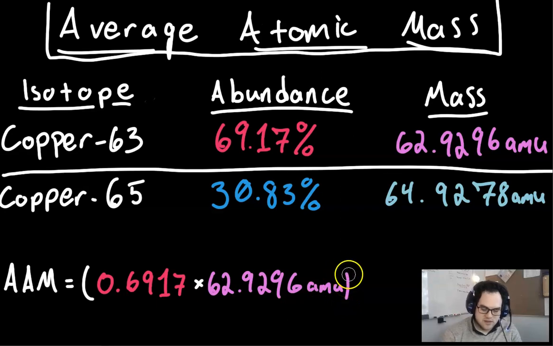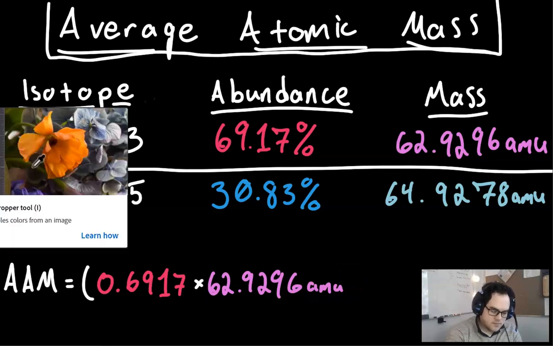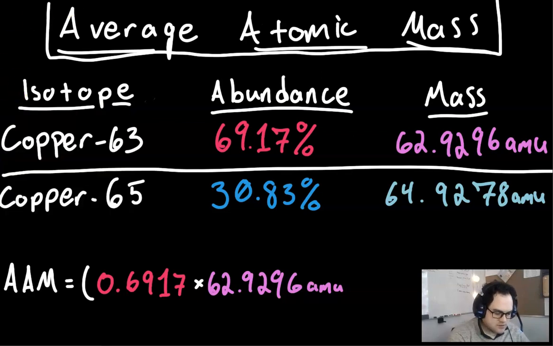So you take the abundance of the isotope and multiply it by the mass of the isotope, and then you add it to the abundance and mass of the other isotope.